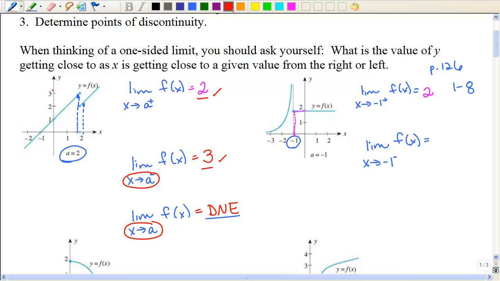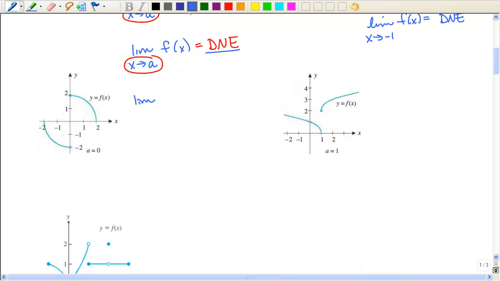And if we go from the left-hand side, a little bit less than -1, we come way up here, and it looks like that would just keep going forever. So positive infinity, or really that limit, does not exist. And if I ask what is the limit as x approaches just -1, because these don't match, it does not exist.